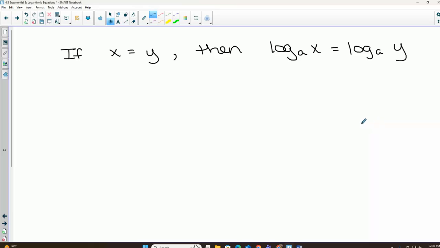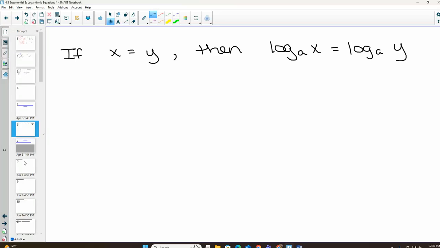So this is telling us we can either add a log to both sides of an equation or take it away if it's on both sides. It has to be the same base on both sides of the equation, and there can only be one of them for this to work.